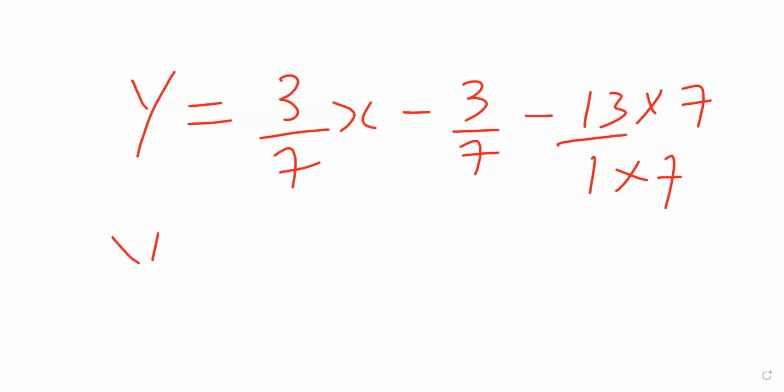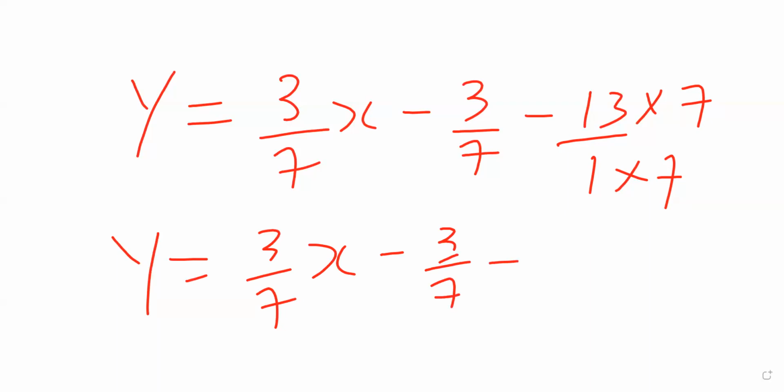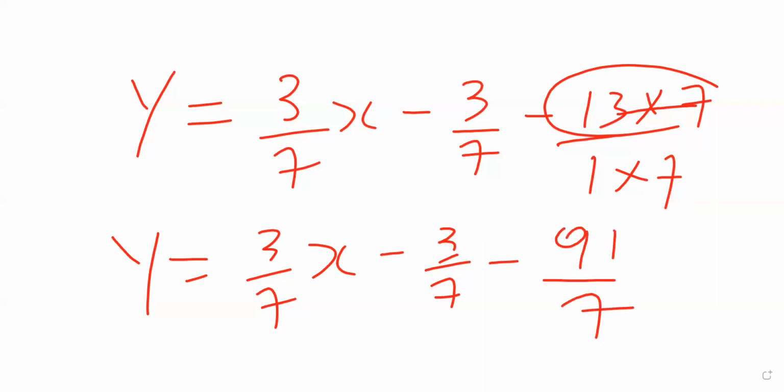So if I were to rewrite this in a simplified way, I would have negative 3 over 7 minus, these two at the top give me negative 91, and this at the top gives me 7. And if you look, the denominators are the same. Remember, in fractions, when the denominators of two fractions are the same, you could just keep one of the denominators and then add or subtract the numerators depending on the operation in the middle. And so that's what we have right now.